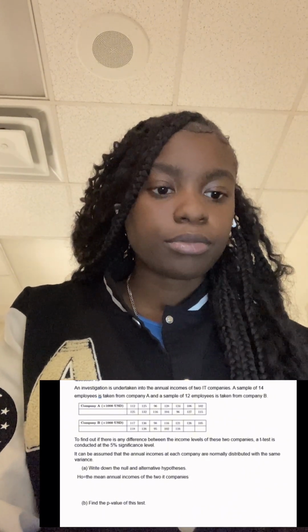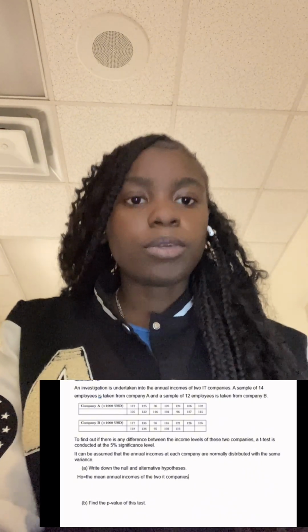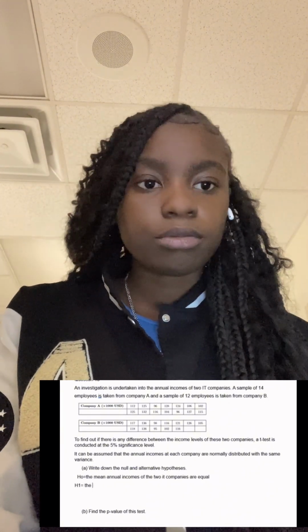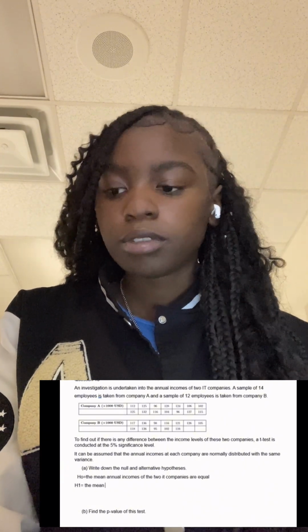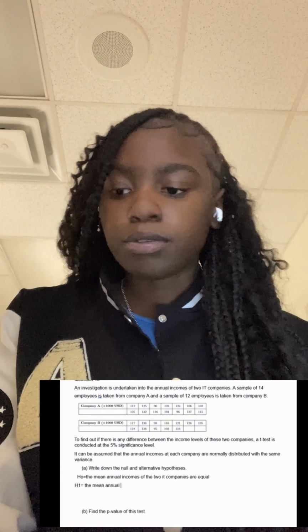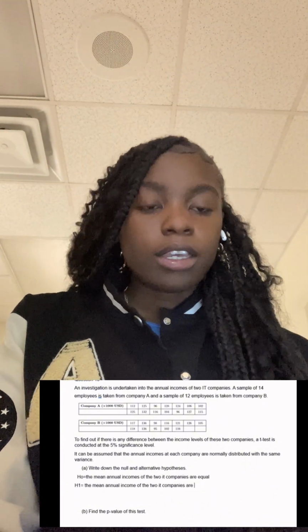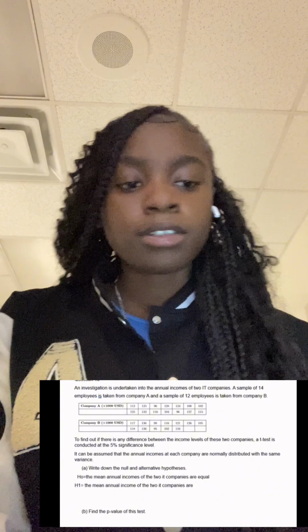That simple. And then we have H1, the alternative hypothesis: the mean annual incomes of two IT companies are not equal.